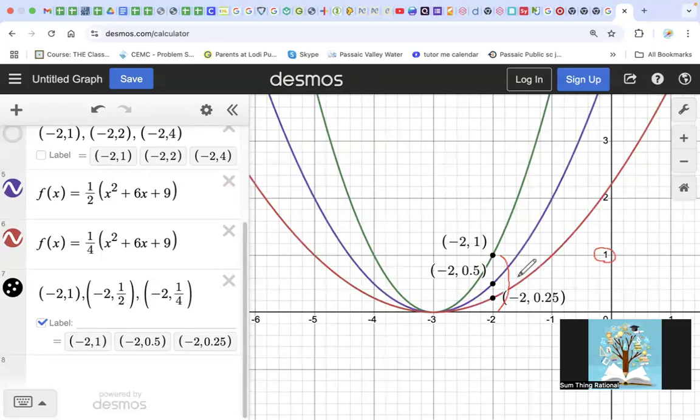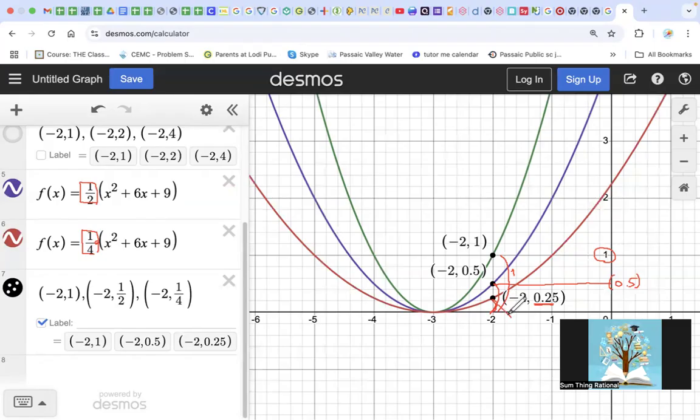But when we go to the purple graph, multiplying by 1 over 2, this distance is now half. It is 0.5. And if you put 1 over 4 in front of your function, your function is multiplied by 1 over 4, and now the distance is 0.25.